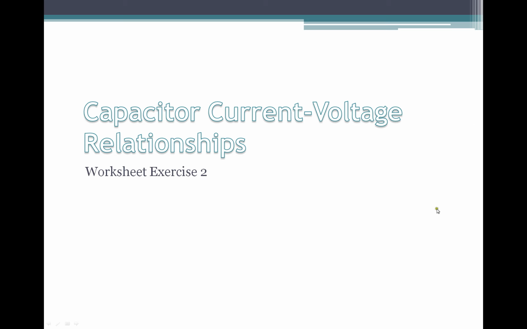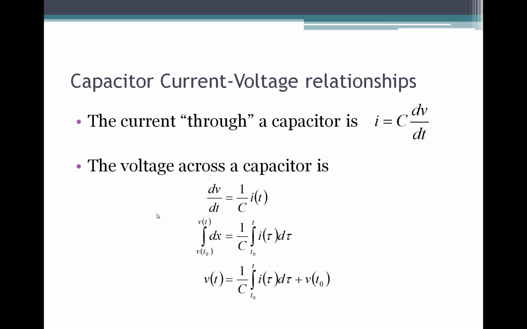So if you take a look at exercise 2 of the capacitor worksheet, we see that we can relate the current, or the displacement current, through the capacitor to the voltage, or the change in voltage, across the capacitor using this differential relationship. So this is similar to Ohm's law, except it's for a capacitor.